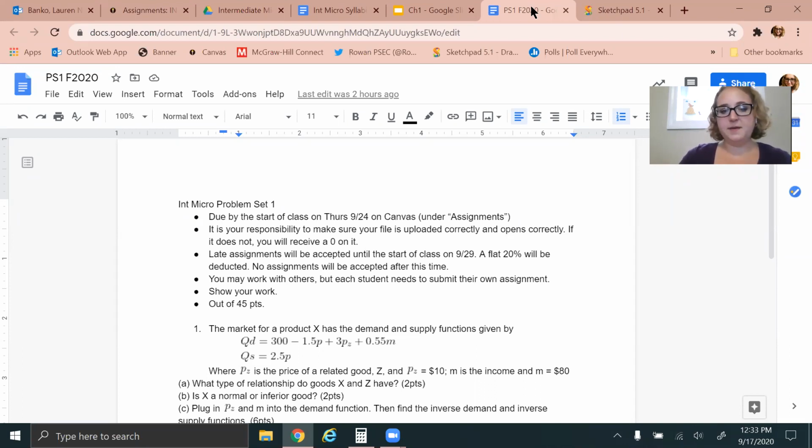You can scan it to me if you have a scanner, but if not, you can use your phone to take pictures. Just make sure they're clear and I can actually read what you're sending me. If you want to put some of it on a Word document, some of it in pictures, that's fine too, whichever you prefer. But just send everything onto Canvas.